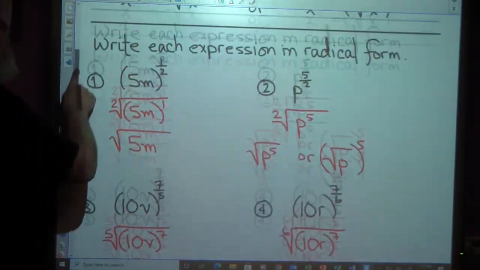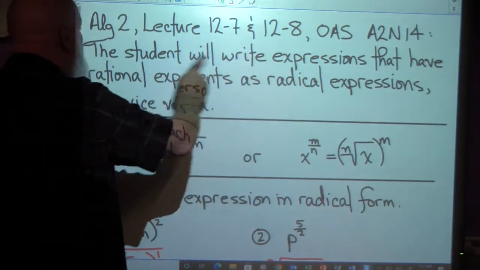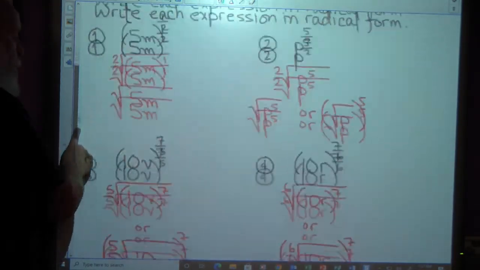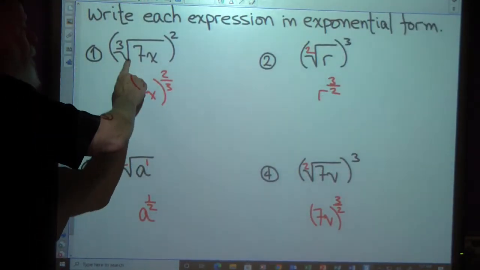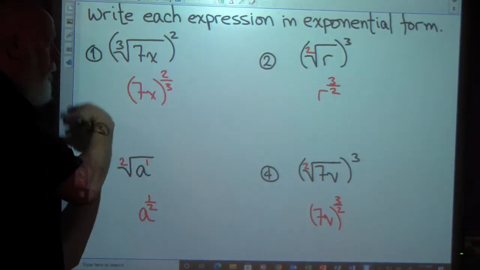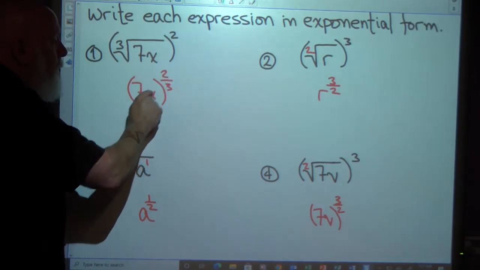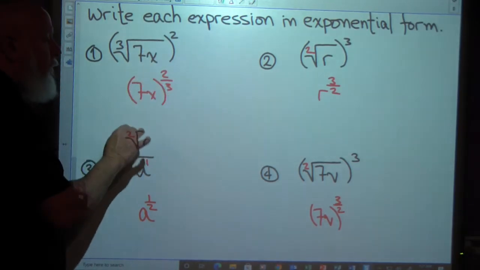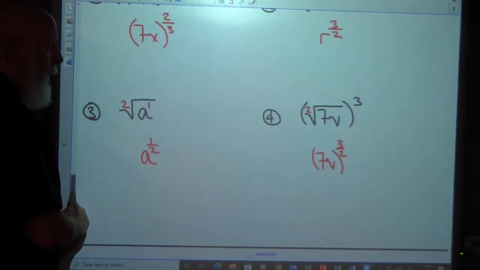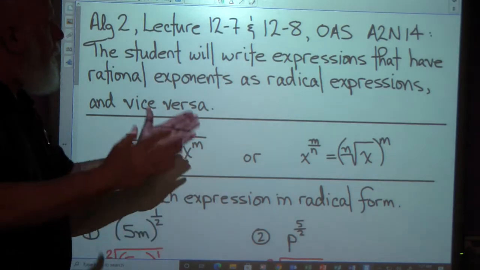And then we wrote vice versa, radical expressions rewritten as rational exponents. So we were given radical expressions. That's an expression that has a square root or a cubed root, the radical symbol, and we rewrote it as a rational exponent. Rational means fractional. So that's what we did. That's what the worksheet will be asking you to do. You can do this.